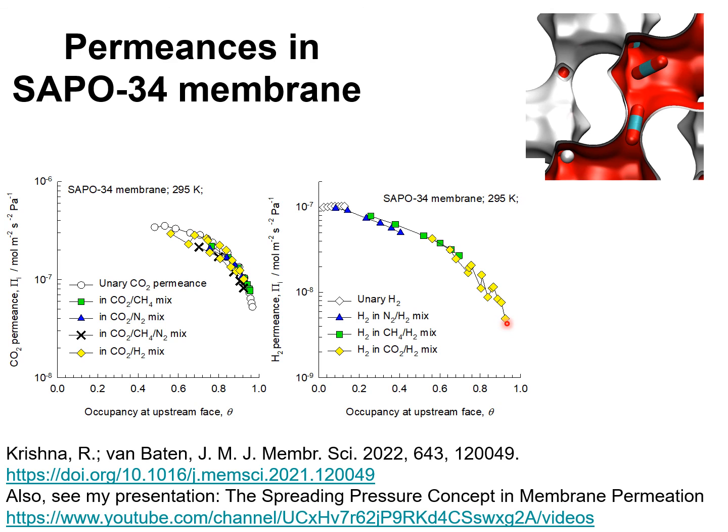The yellow diamonds show the permeance of hydrogen in mixtures with CO2. Compared at the same value of the occupancy in the upstream phase of the membrane, the component permeances of hydrogen are the same.